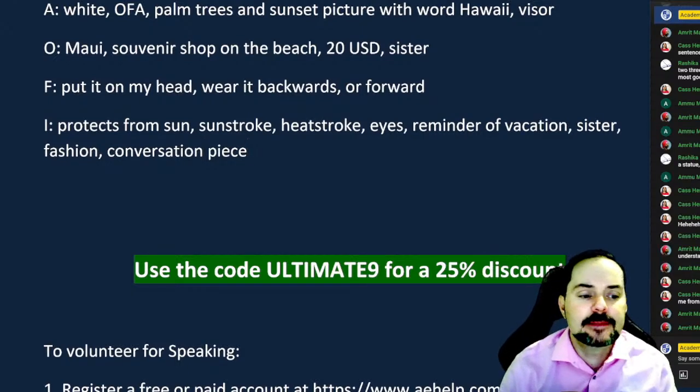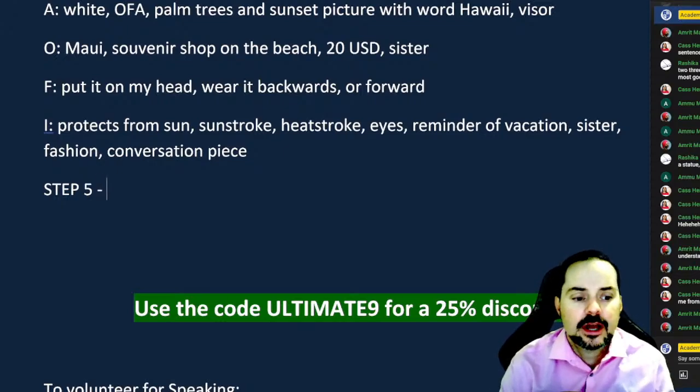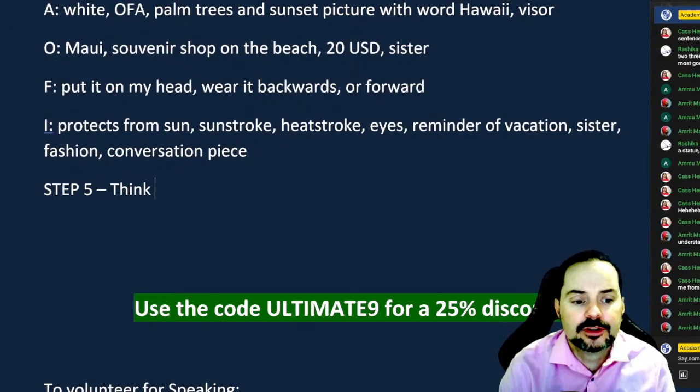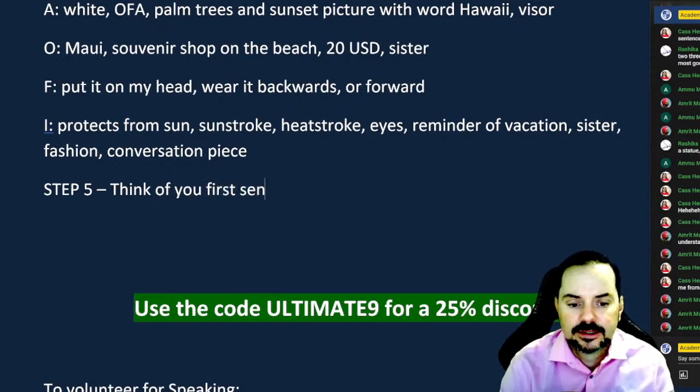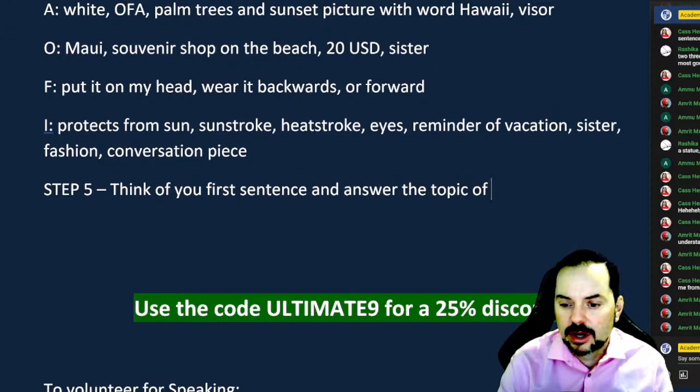Okay, now step 5 is think of your first sentence, okay, and answer the topic of the cue card directly.